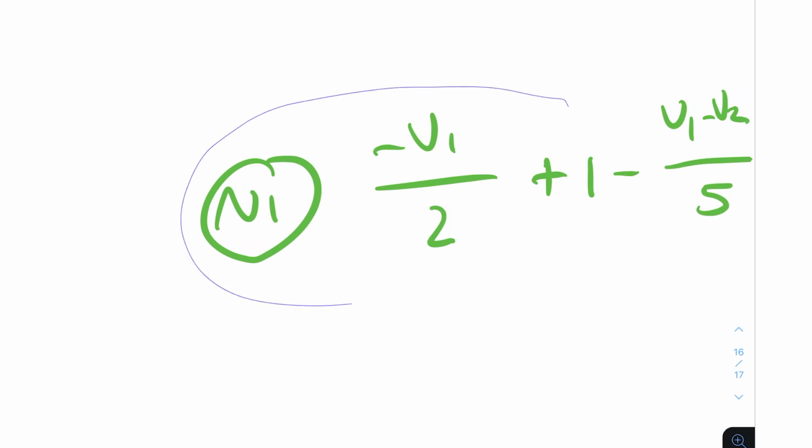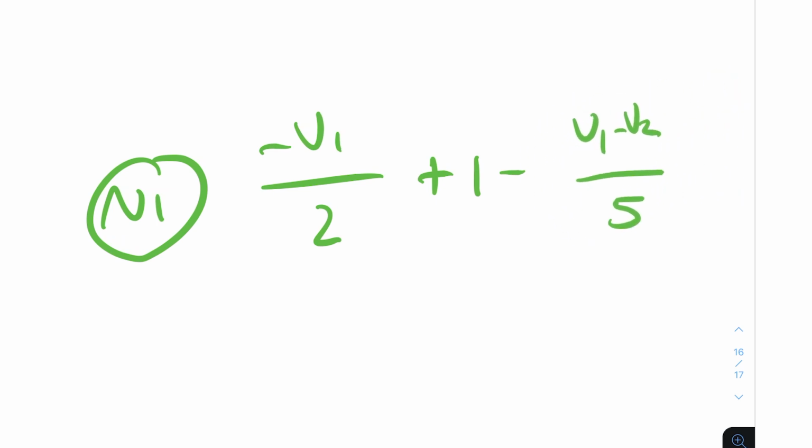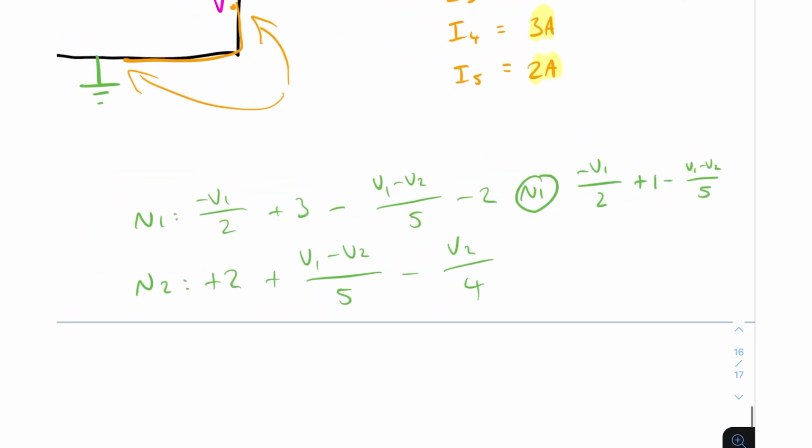That's not great. When you write like that, you're probably going to make a mistake. Let me move that over a bit, just to make it a bit clearer. V1 minus V2. Okay, so that's our node 1 simplified.